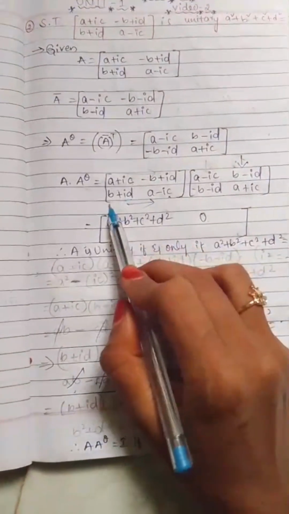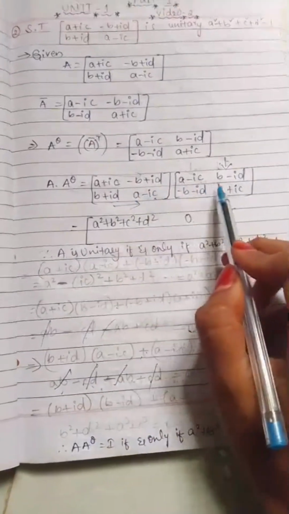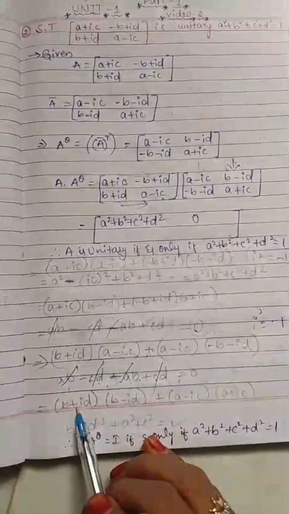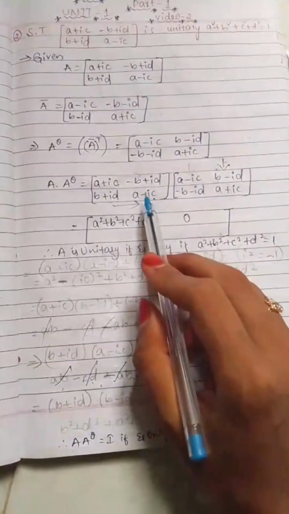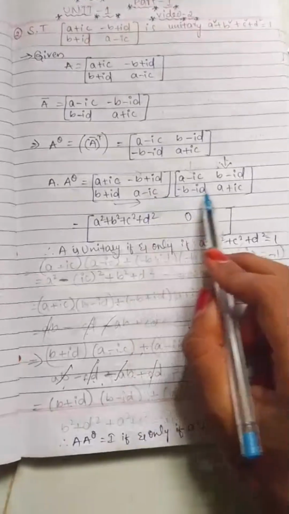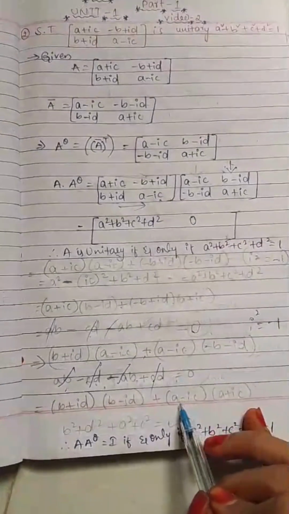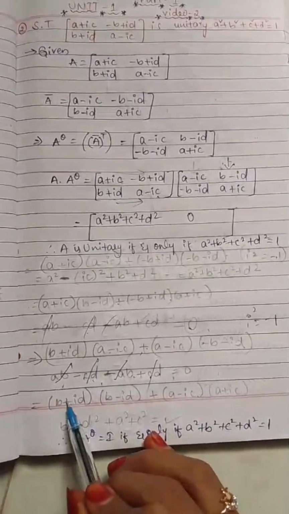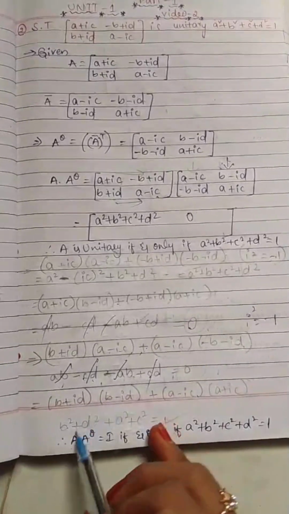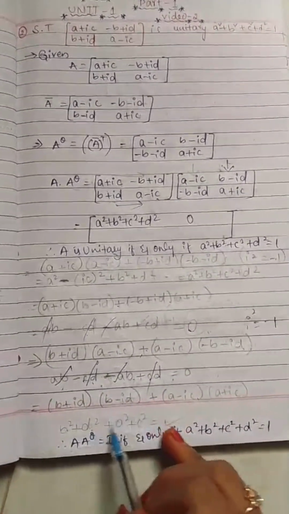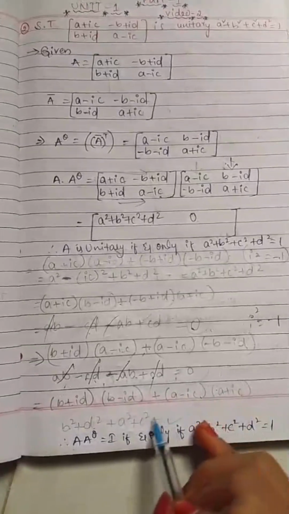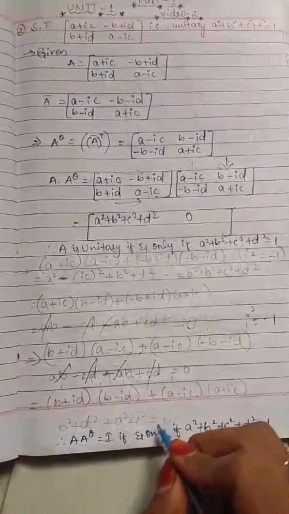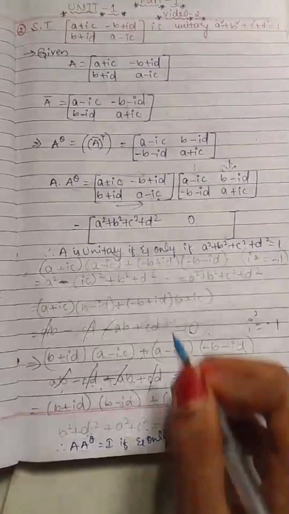Then let us take b + id into b - id, again a - ic into a + ic. Here I will get b square, and d square, a square and c square. I will get a square plus b square plus c square plus d square.